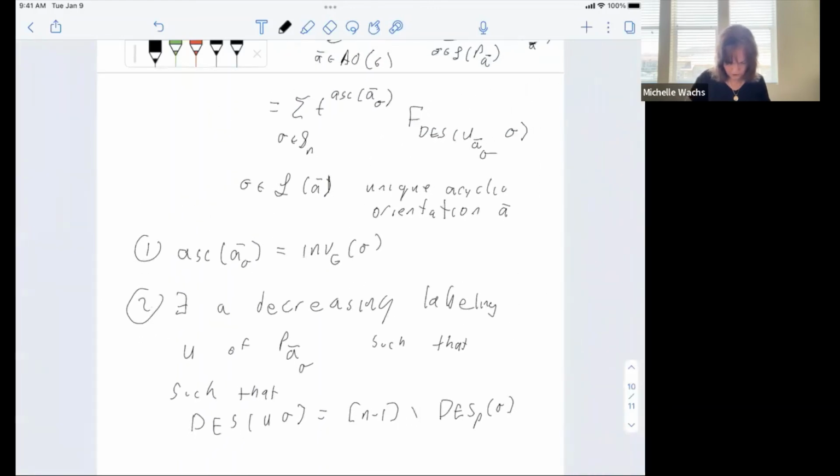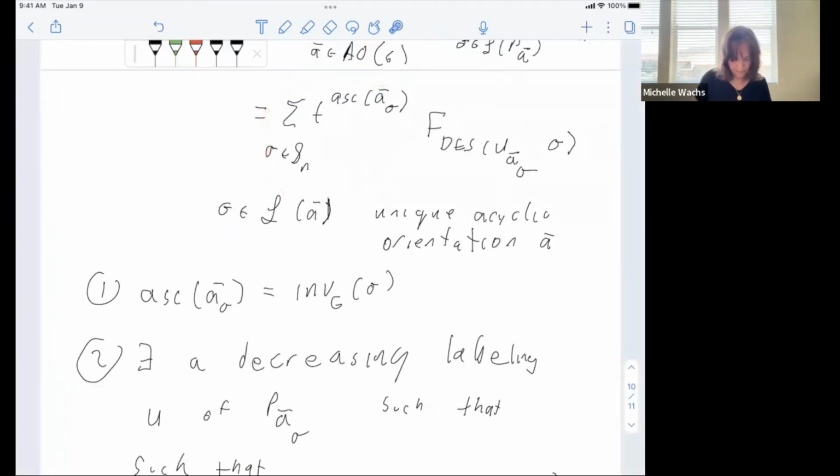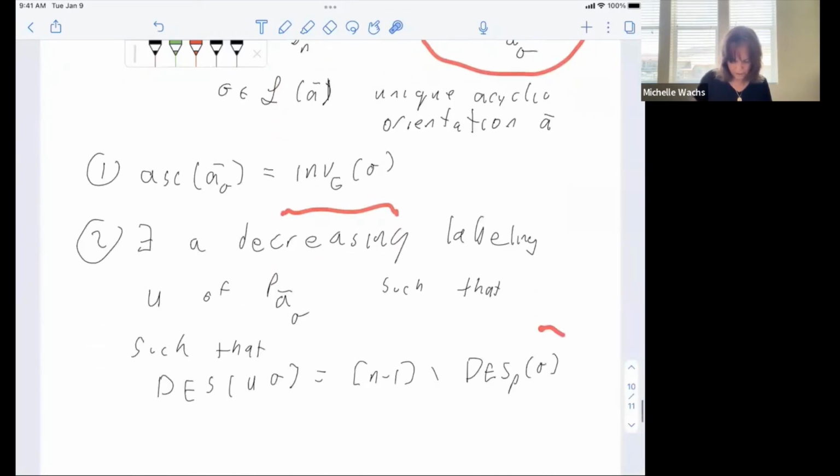So that allows us to make this become this, and this become this.